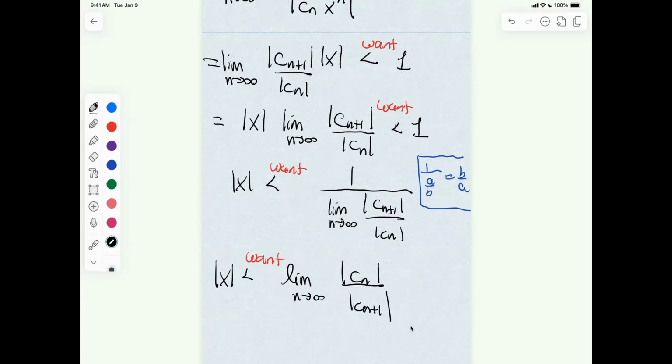Yes, you're correct: in order to divide by this, I have to assume that this limit is not zero. But if it had been zero, then this inequality is always satisfied. You know what I mean? So it is less problematic.